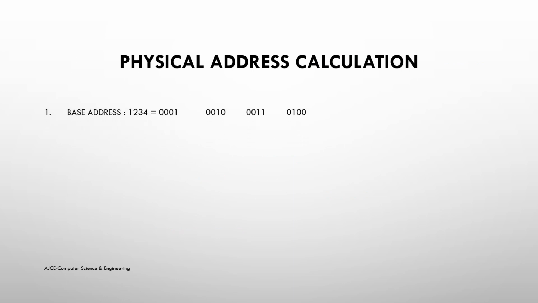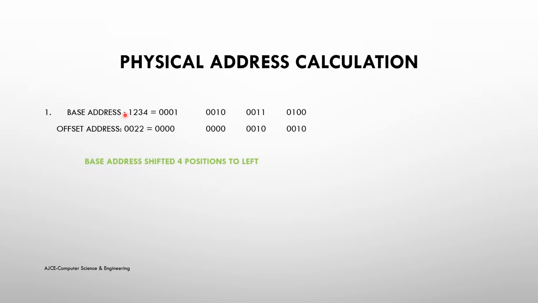Here is an example for physical address calculation. Here a base address is given, 1234. It is actually 16-bit. The corresponding binary is given here: 0001, 0010, 0011, 0100. Then the offset is 0022 and the corresponding binary is given.